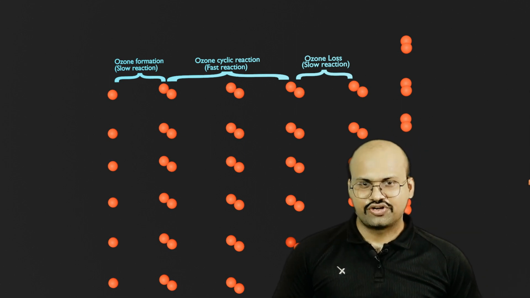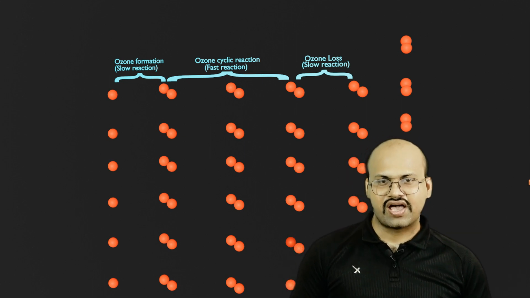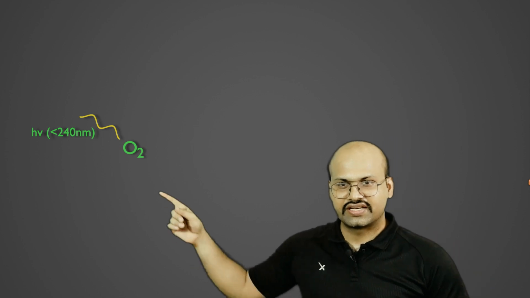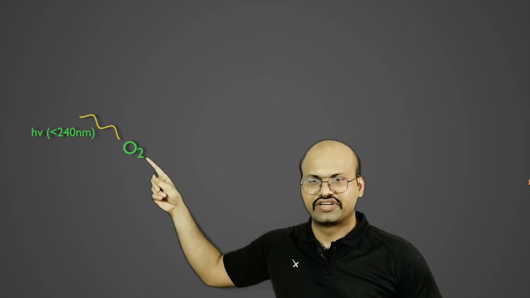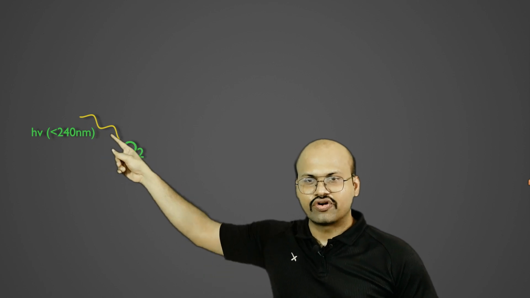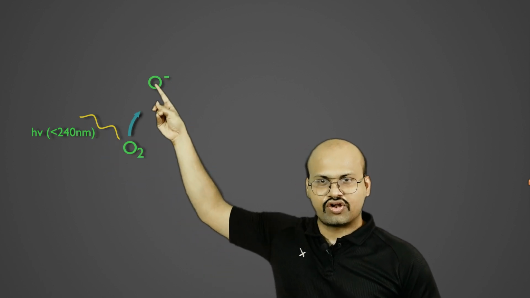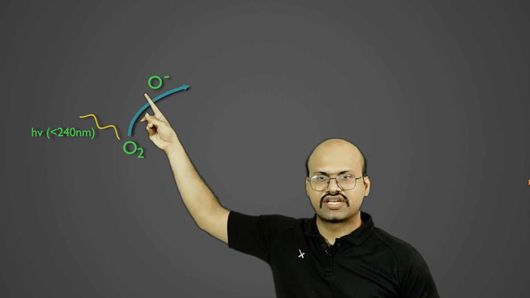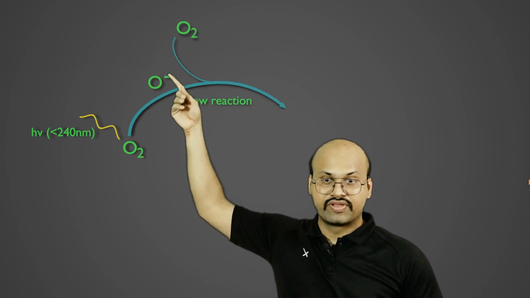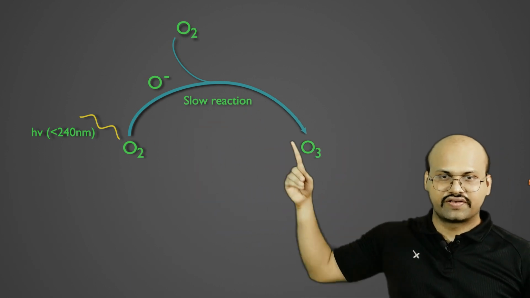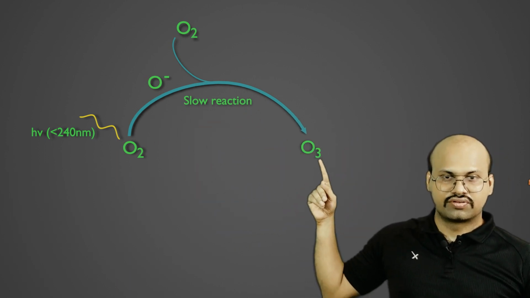Now if we try to understand this reaction via a graph, then we can see here that there is an oxygen molecule. This oxygen molecule gets dissociated by a photon and it gives us an oxygen ion. This oxygen ion combines with oxygen molecule which is there in the atmosphere. And this reaction is a slow reaction, but it will give you an ozone molecule.